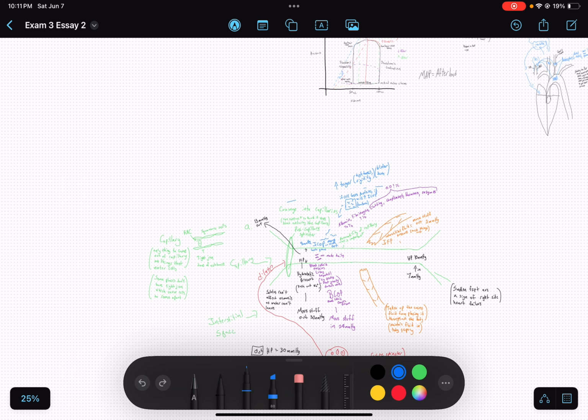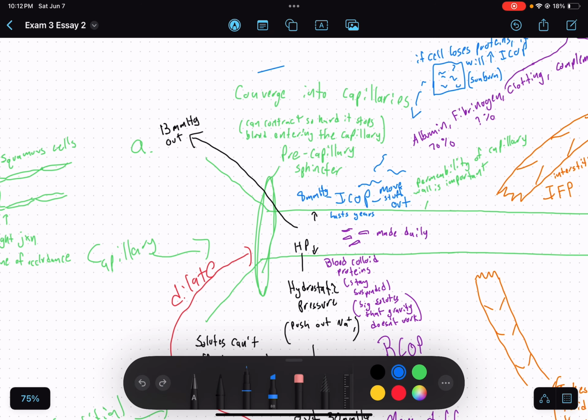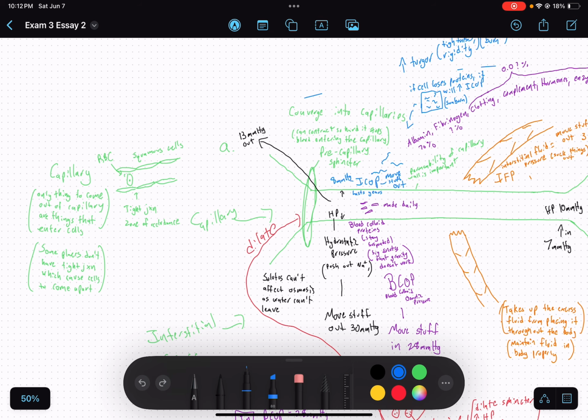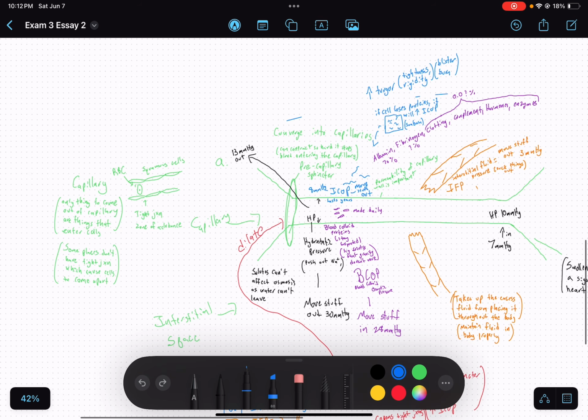And we're going to have the arterial end, which over here we have our arterial end. This is our arterial. This is our venule.